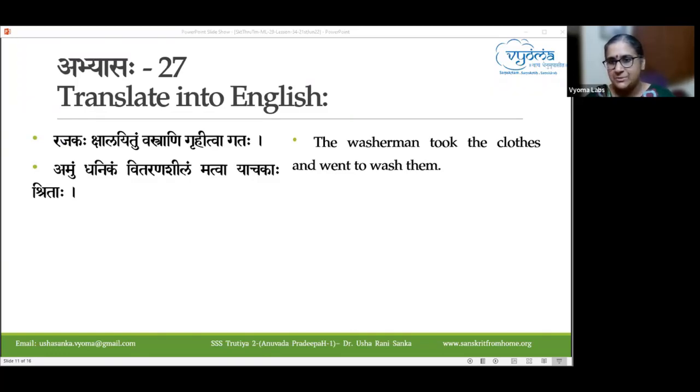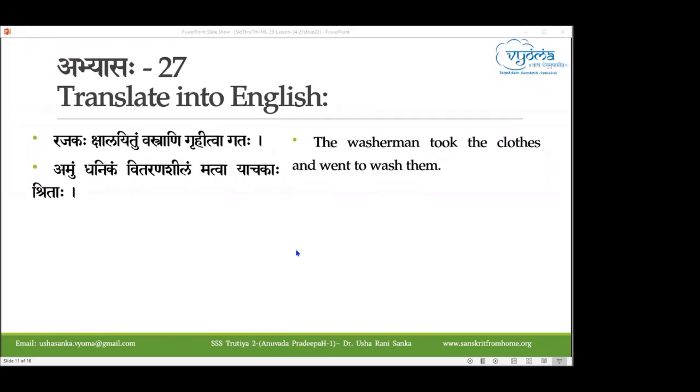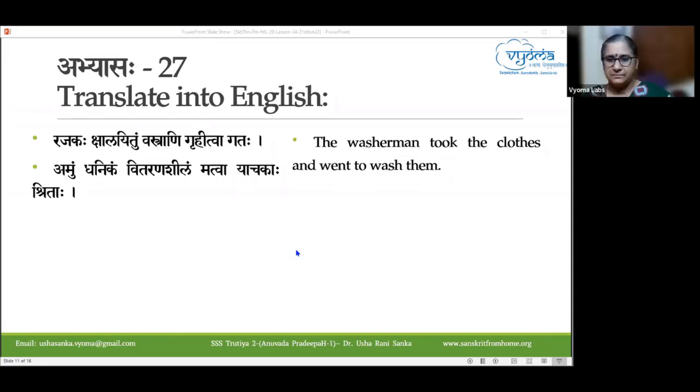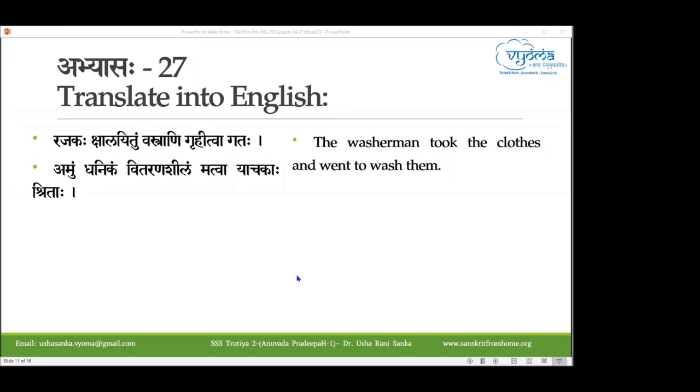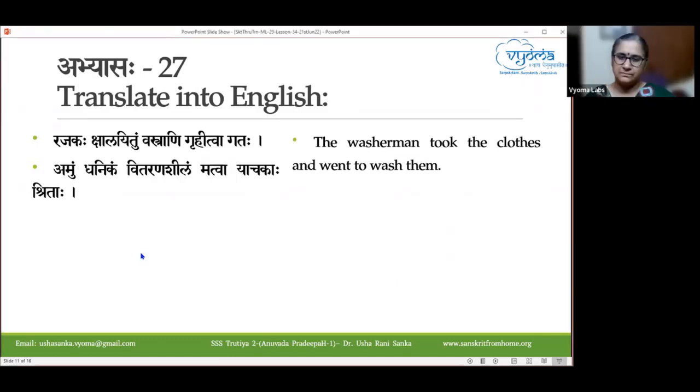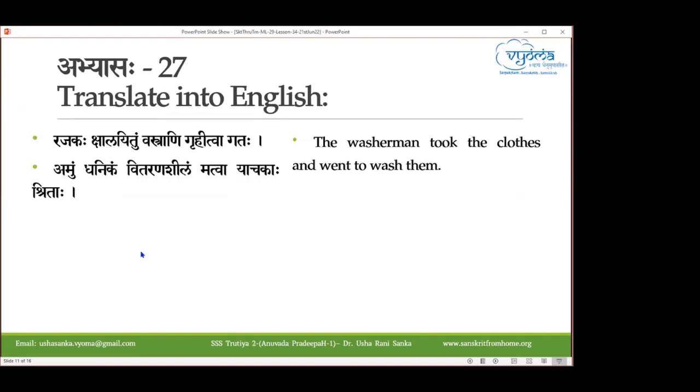It's for Ganesh Bhrata. Amum dhanikam vidaranashilam matva yachakaha shritaha.